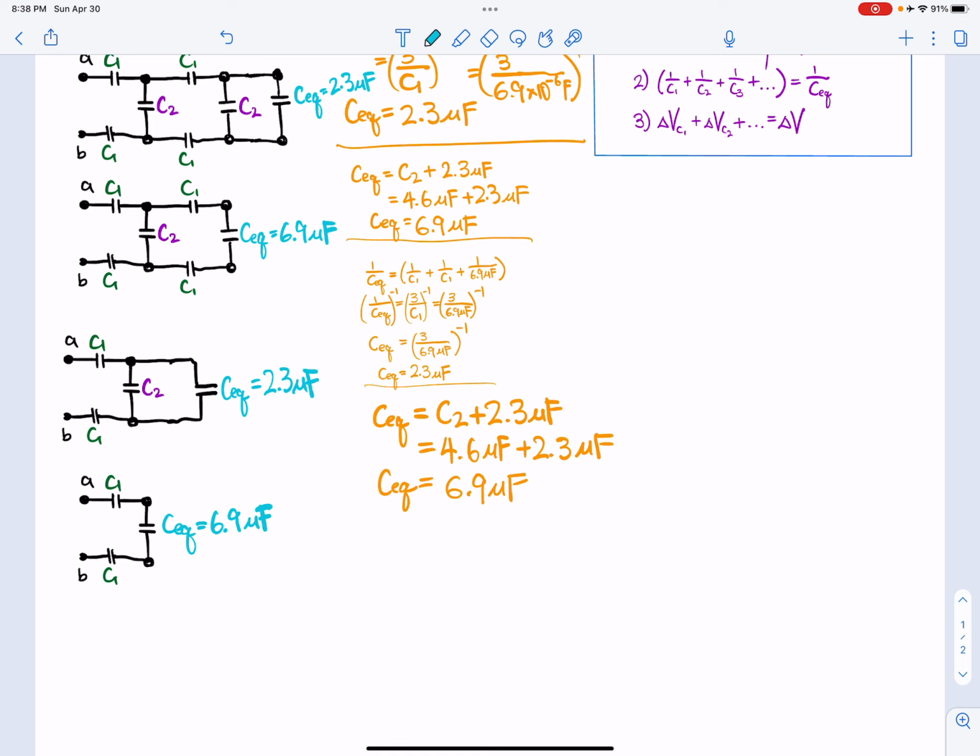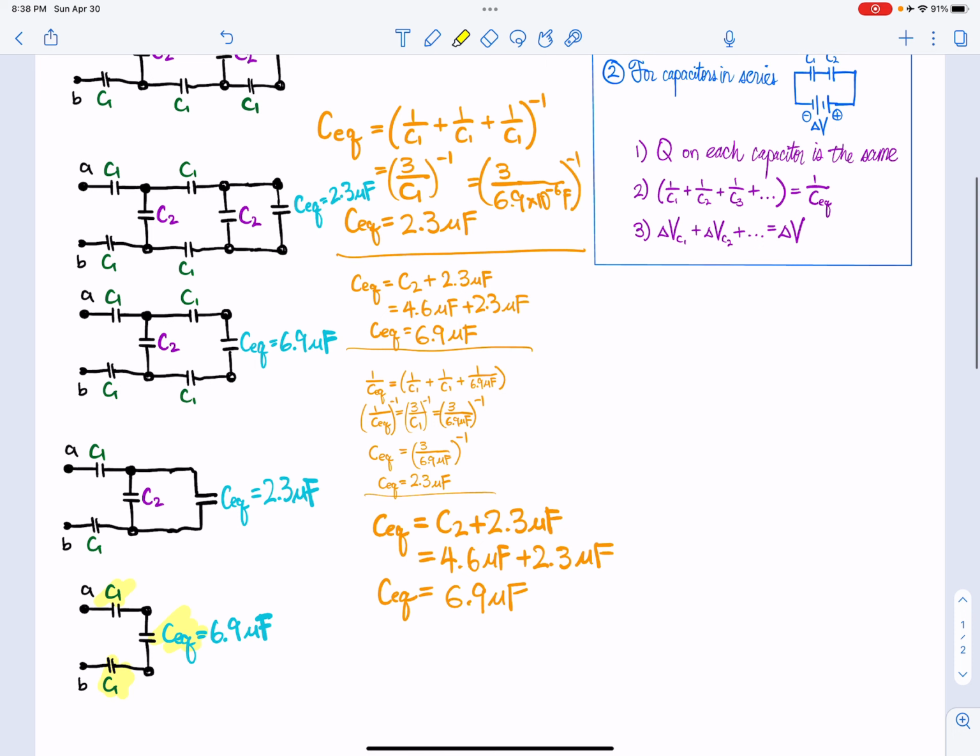All right, lastly, just to get the equivalent capacitance of all this, we have now 3 capacitors in series. So for capacitors in series, we're going to use this to get the equivalent capacitance, as we've been doing.